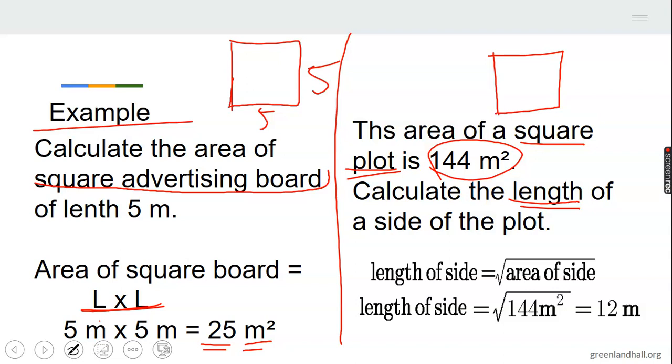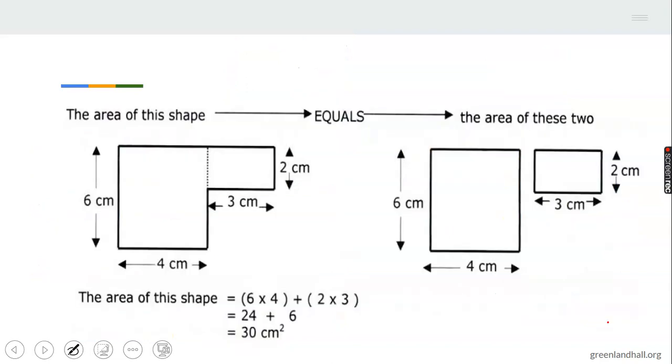But since we are given the area, we have to calculate for the length. Now, L equals the square root of area. Now, what do we have here? What is our area? Our area is 144. When you find the square root of 144 meters square, you have 12 meters.